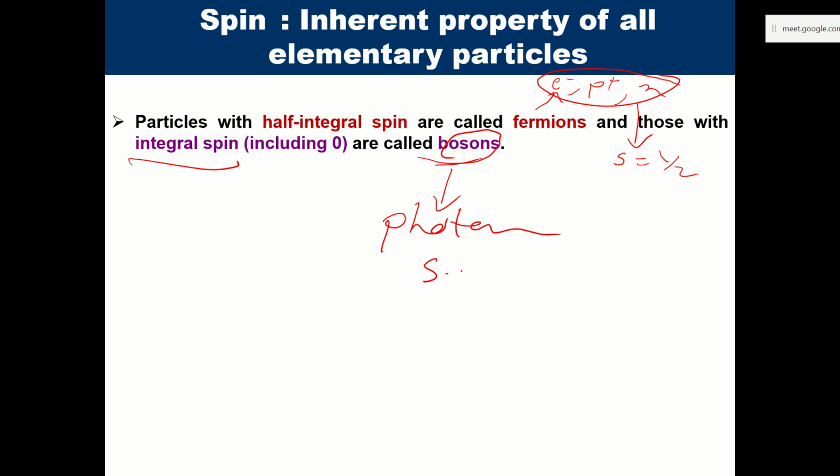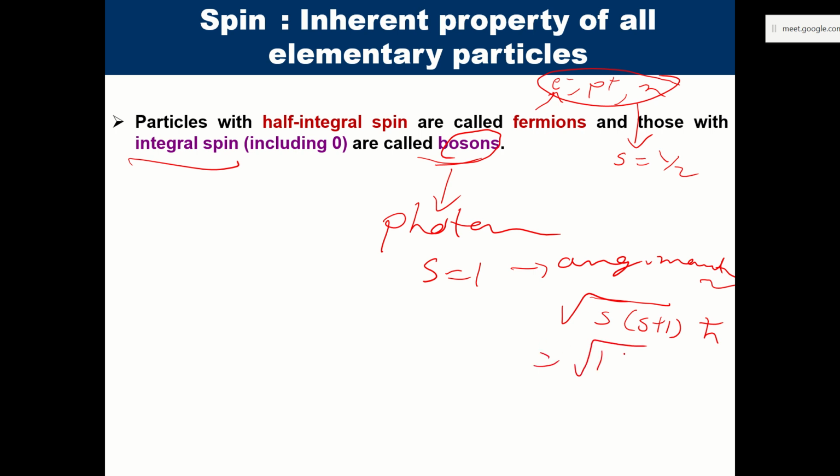The photon has s equal to 1 as its spin quantum number, so its angular momentum is root s into s plus 1 times h cross, which is 1. Put the values. Okay, so root 2 h cross is the angular momentum of the photon, and this has to be conserved.